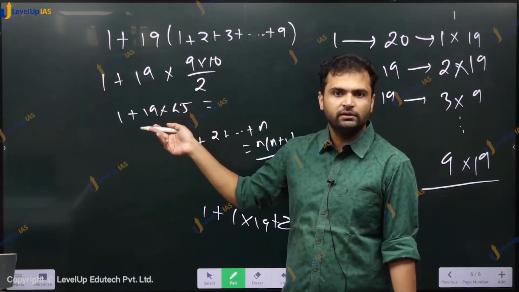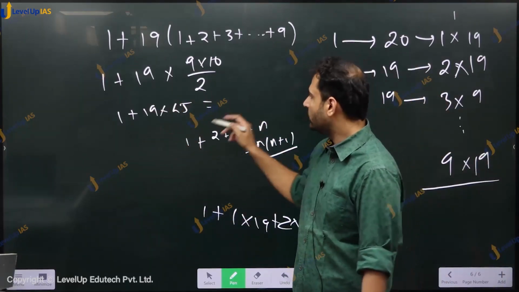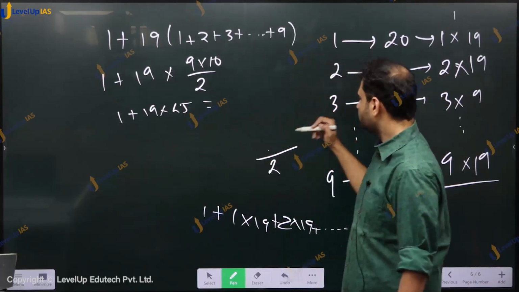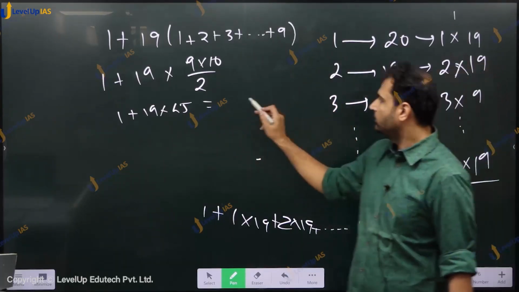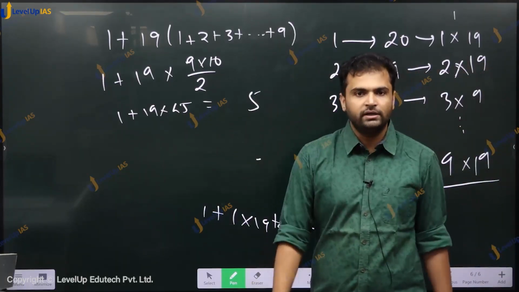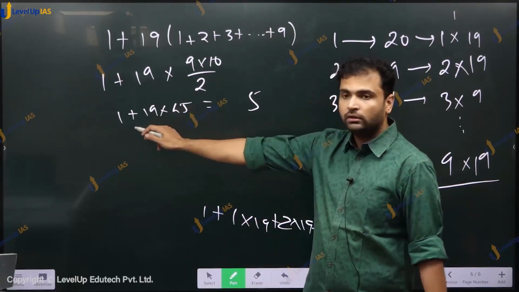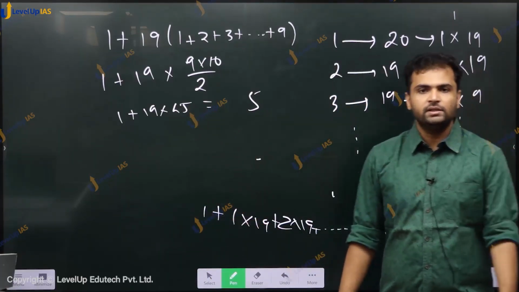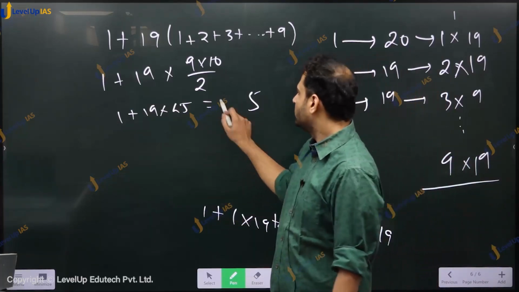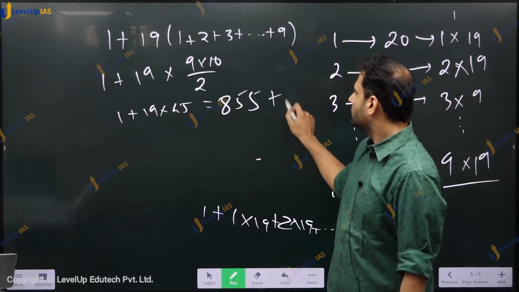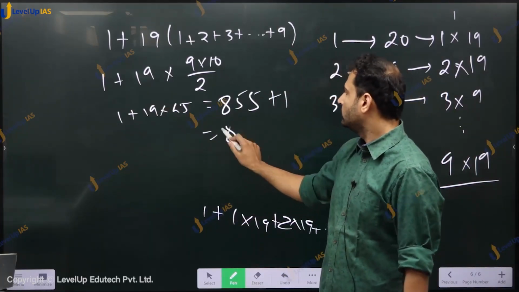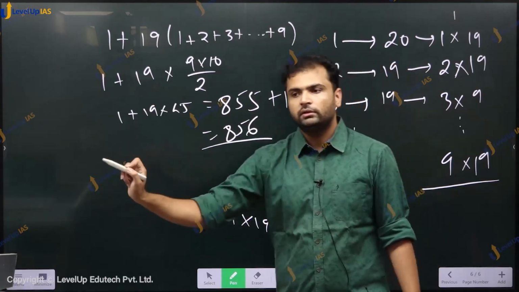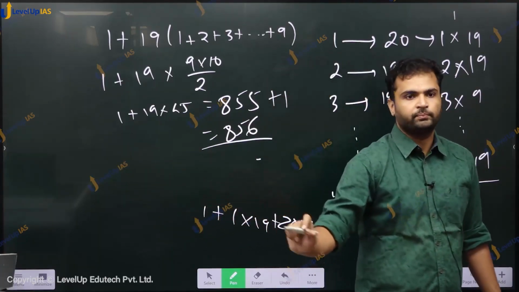Does the table of 19 come to you? Okay, 19 5s are 95. Carry forward 9. 19 1s are 19, 19 4s are 76 plus 9 is 85, plus 1 there. So that is the answer.